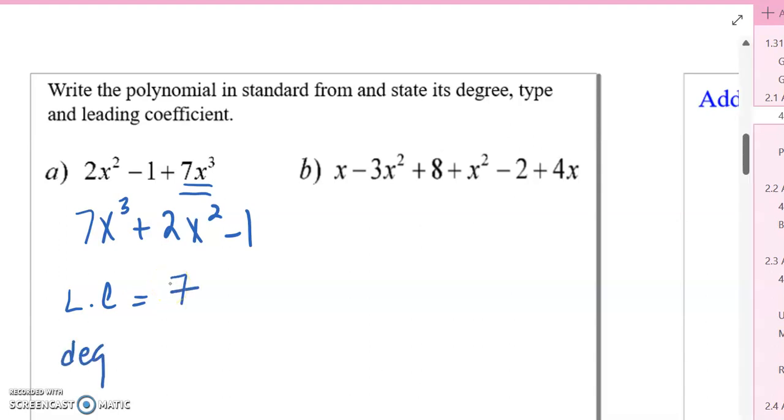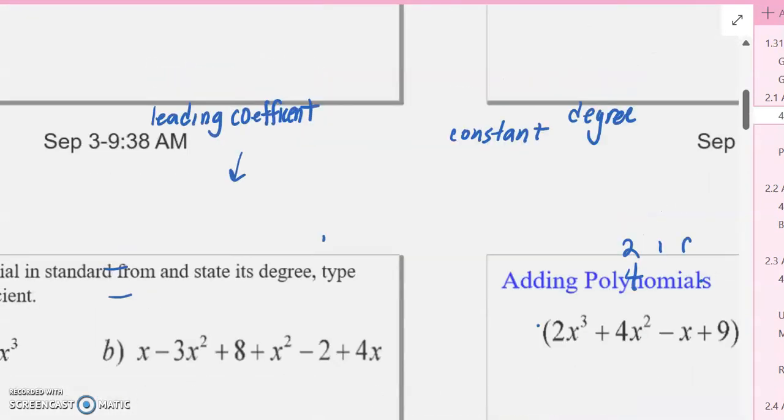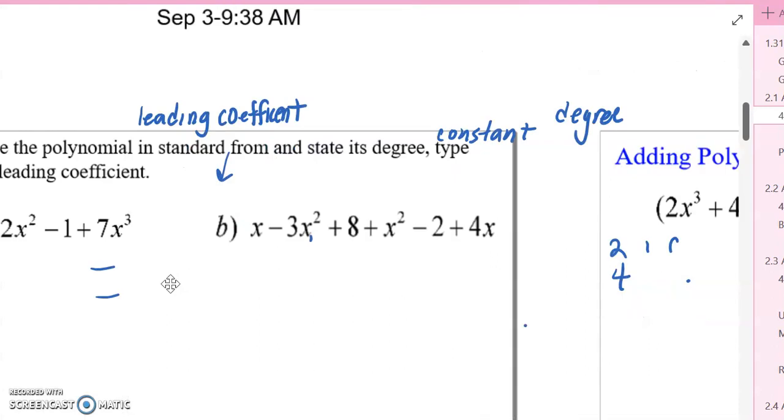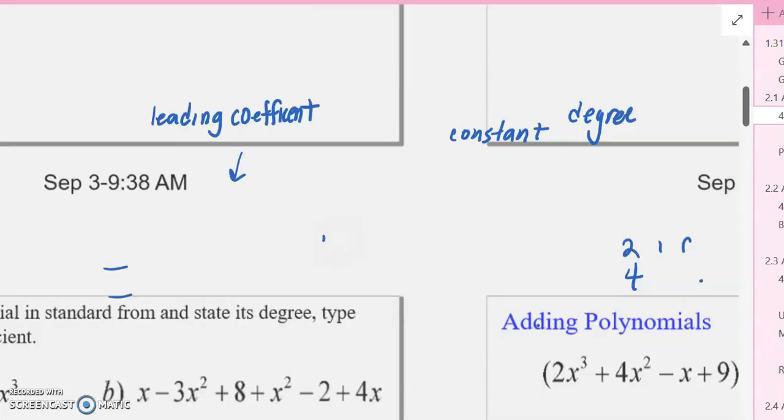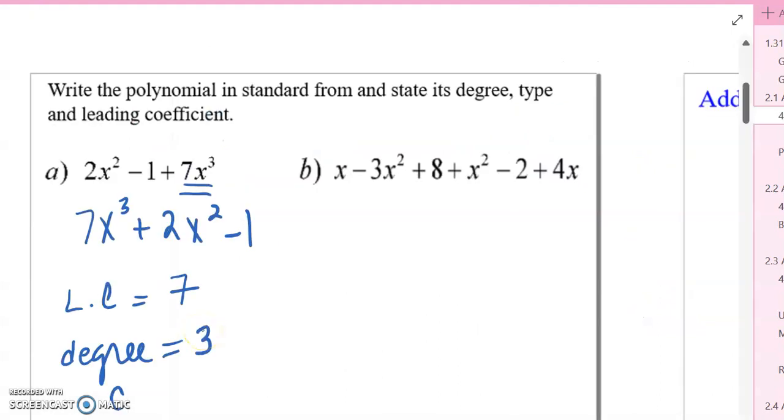The degree of the polynomial is its highest exponent, so our degree is 3. If it is a 3 and you go back to your chart, you should realize that is what we call a cubic function.